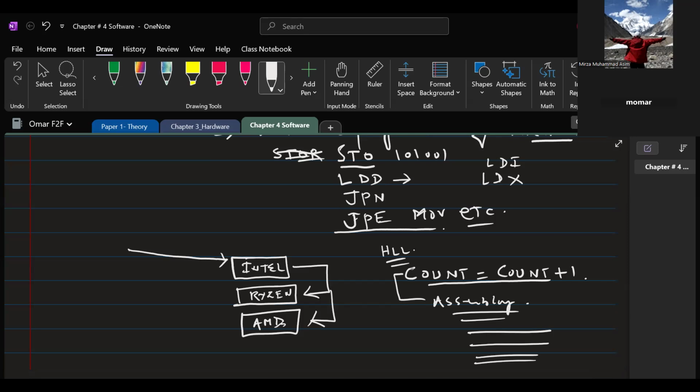So a high level language helps in writing the program because it is very close to human language, right? Okay, now you know what mnemonic codes are, and gradually you are learning that it is very difficult to write code in assembly language. We'll discuss advantages and disadvantages later on.